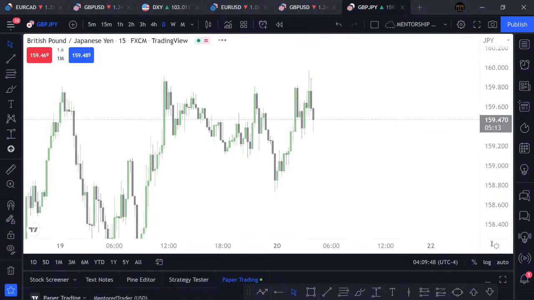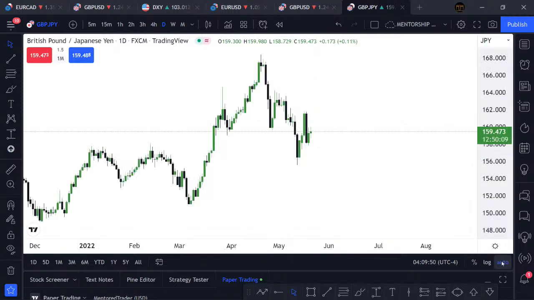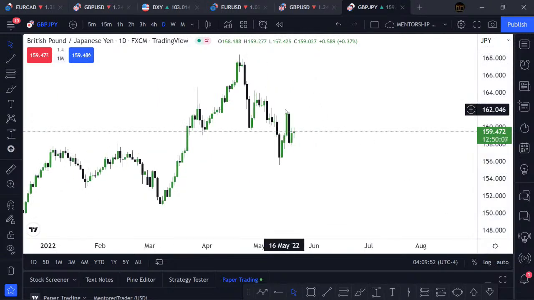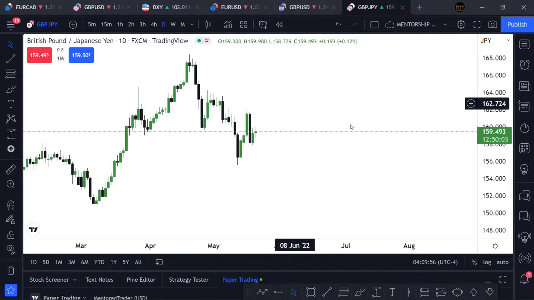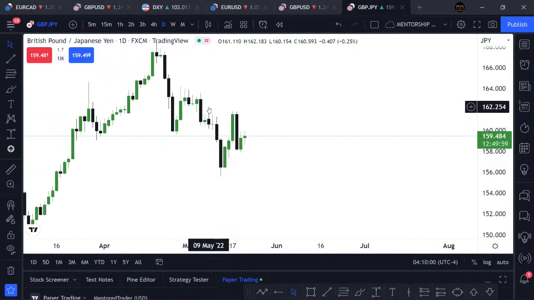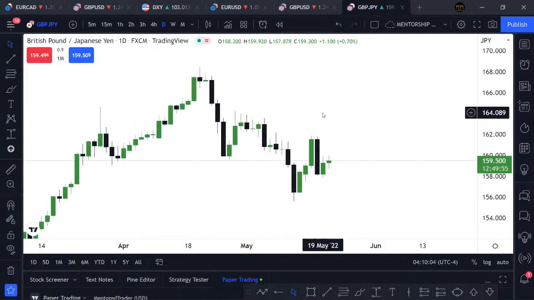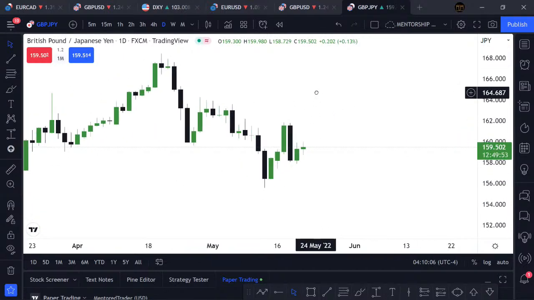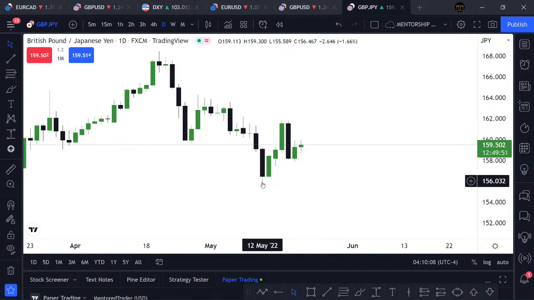Now, let's first go to the daily chart. On the daily chart, we have a swing low taken or a swing high. Not yet. So there is this high here and this low, the interbank dealing range, high and low. This is not a perfect swing low, but let me just take this for today.